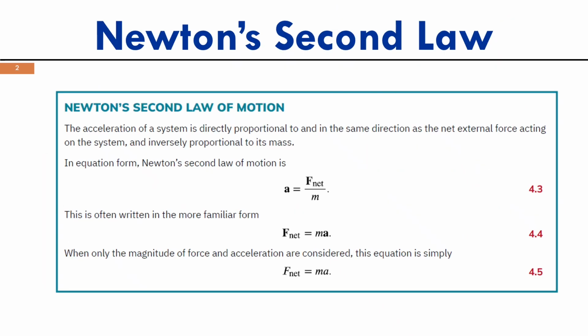Newton's second law basically says the acceleration of a system is directly proportional to and in the same direction as the net external force acting on the system and inversely proportional to its mass. If we use a formula to express that, we get acceleration equals the net external force divided by the mass, or the very classical one, F equals ma.